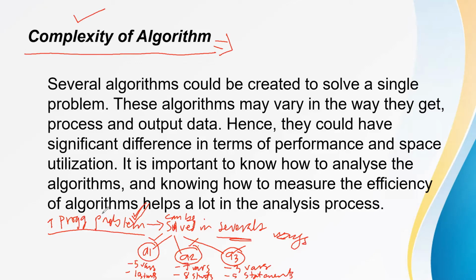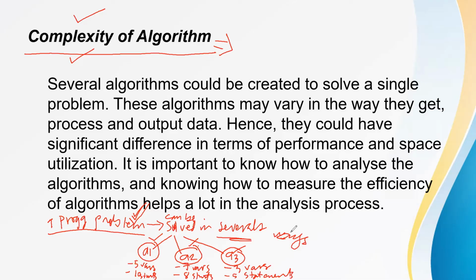And therefore, the complexity is how are we going to select the best algorithm, or what are the criteria? What are the factors we are going to consider to be able to select the best algorithm to solve that one particular programming problem?